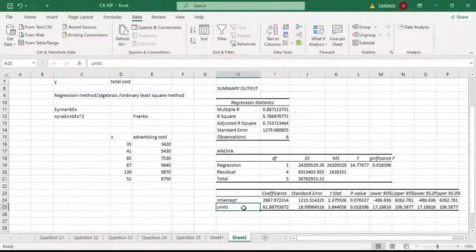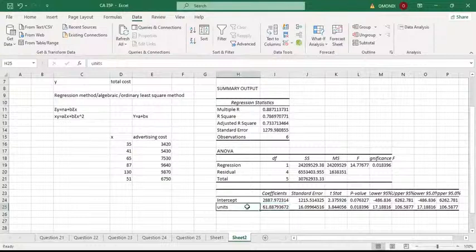It is found at this point. So the coefficient of x, where y is equal to 0, is this one here. This is the variable cost per unit.